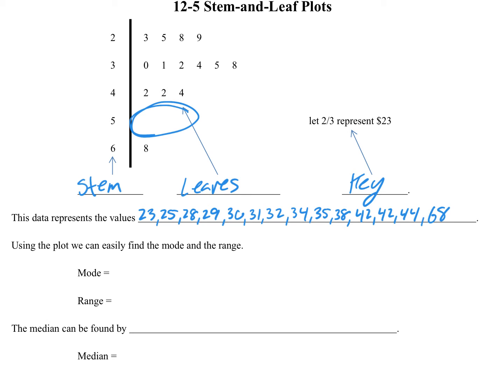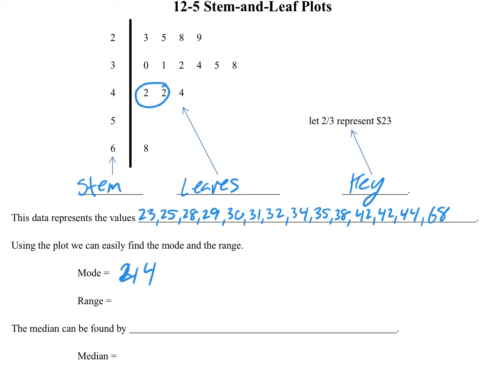So even without writing all those out, we can still find all sorts of information using our stem and leaf plot. We can still find a mode, a most repeated number. If I look in the different rows, I can find repeated values. I can see right here we have a repeated value, which tells me I have two 44s, and that would be my mode.